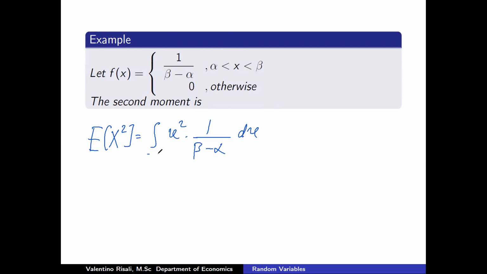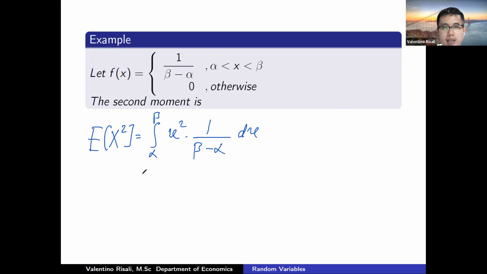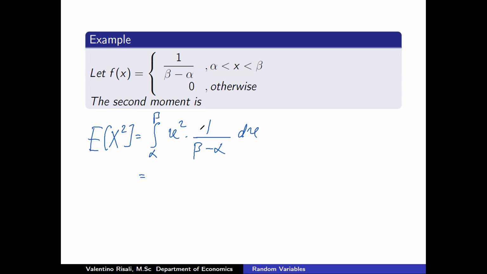From a to b. From alpha to beta, right? Oh yeah. Okay, and then what is the next step? You convert the x squared into x cubed divided by 3.